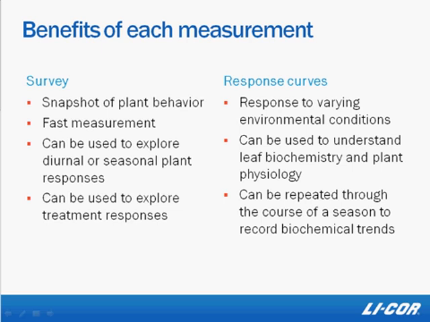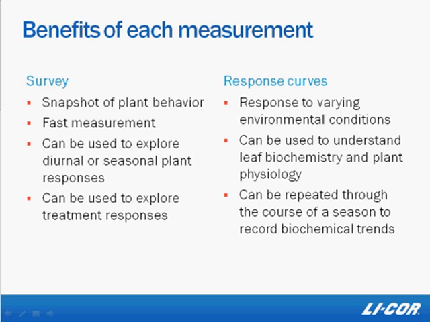So, what are the benefits of each measurement, and how do you decide which one to do? Well, a survey measurement gives you a quick snapshot of a plant's behavior. It's fast, it can be used to explore seasonal or diurnal plant responses, and it can be used to explore treatment responses. A response curve looks at varying environmental conditions.